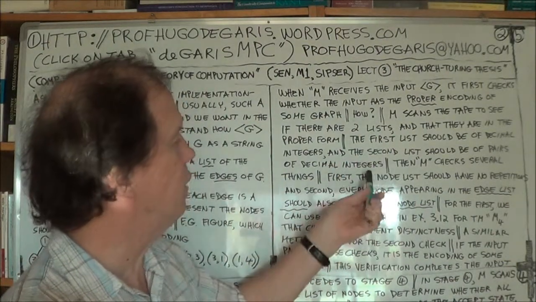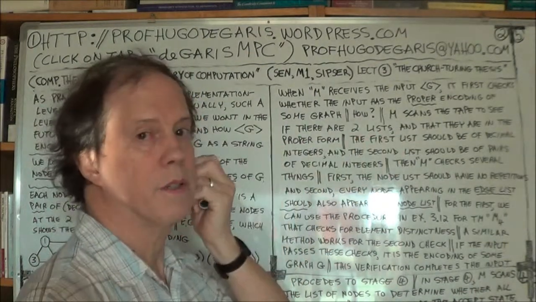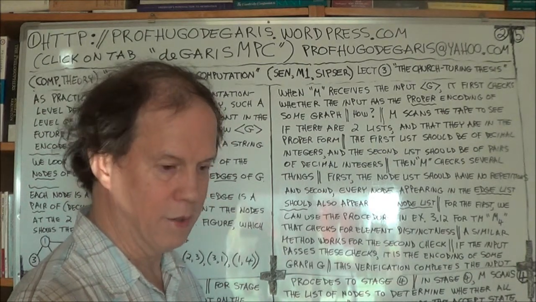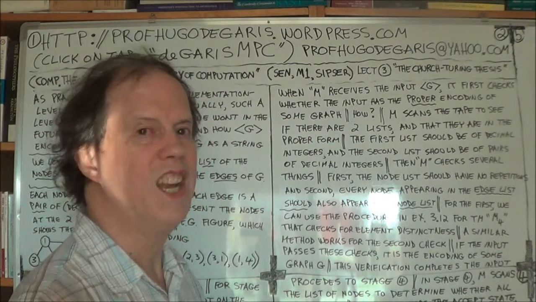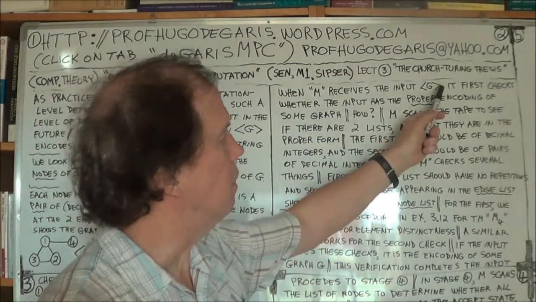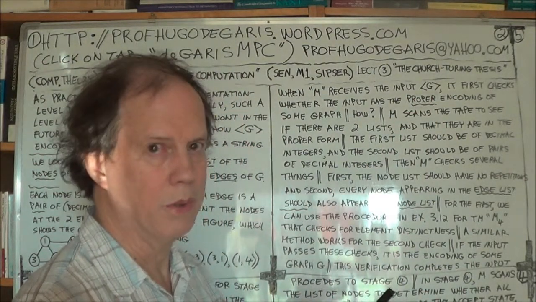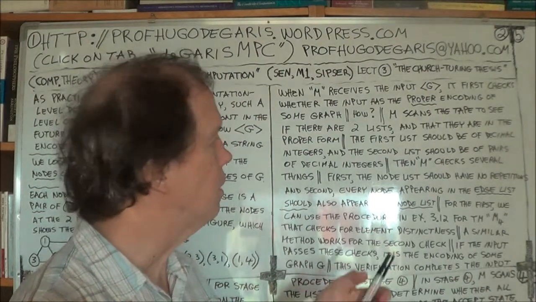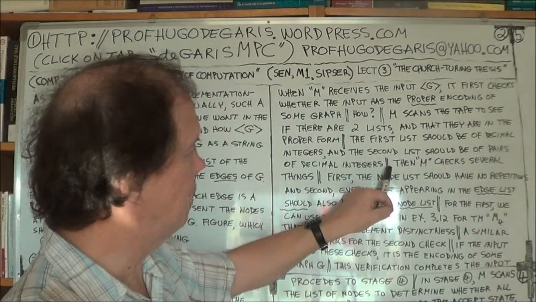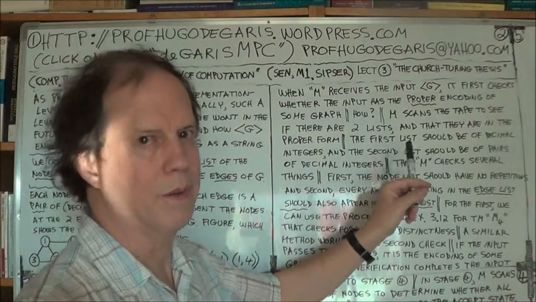Now, if there are errors, remember this machine M is to be a decider. So it either accepts or it rejects the string, each string, every string, any string. So if there's an error in the representation, then it will reject immediately. Okay, so we're down to here now. Assume that the format, that the two lists are appropriate, that they're proper.